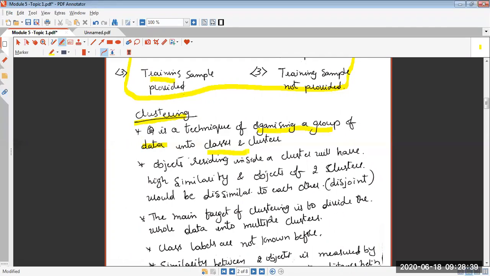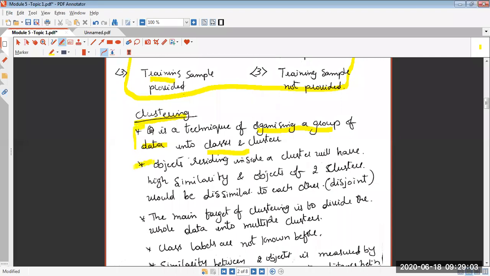We were grouping a data object based on the class label. We were deciding to which class a data object belongs. That was classification. Here also the same. Which class or cluster a data object belongs to should be decided by the algorithm. That was the first point.